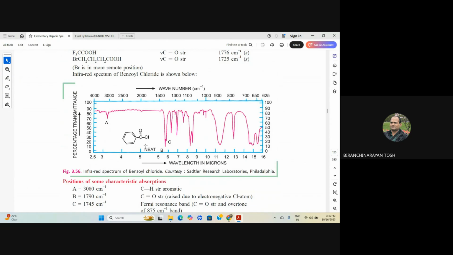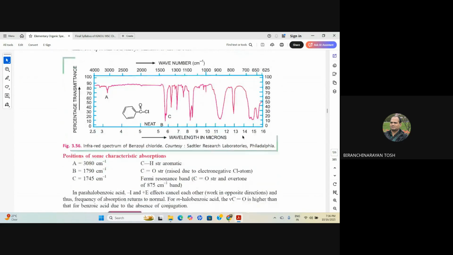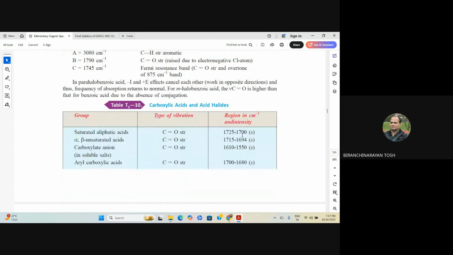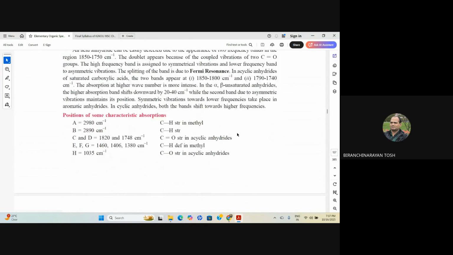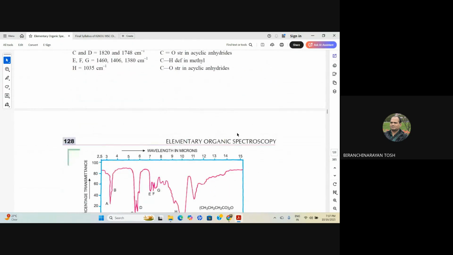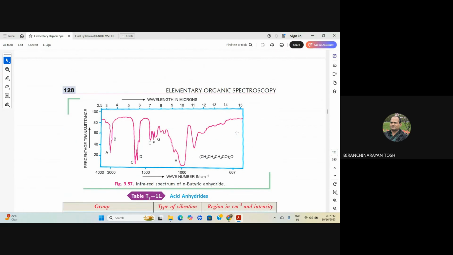More electronegative, so the absorption frequency or wave number is increased. At 1745 you will get the Fermi resonance for the C double bond O stretching and an overtone of 875. Moving towards the anhydride, there is no difference, the same type of spectra as in comparison to acids. You will observe it here.